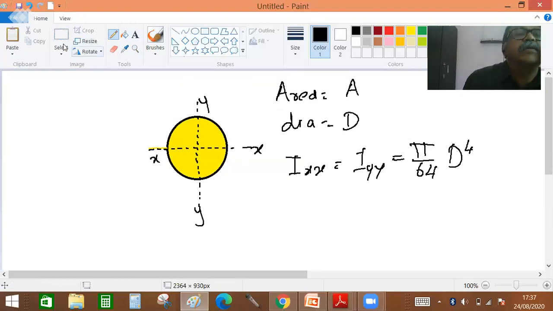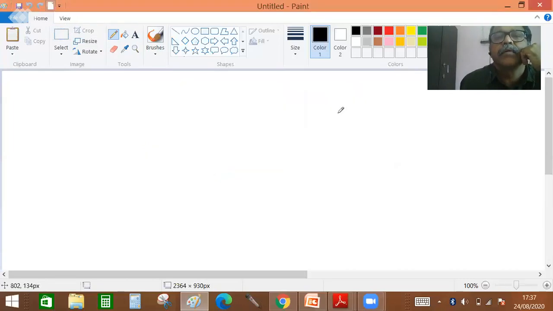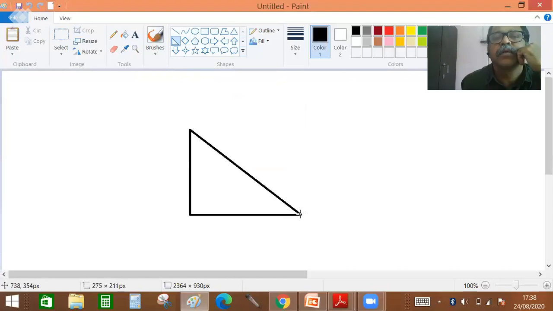Suppose you take another third one, that is a semicircle, or you can take a triangle, another one, no problem. Suppose you take the triangle, here it is the triangle.